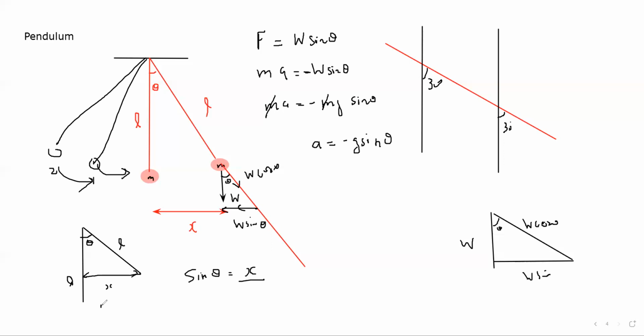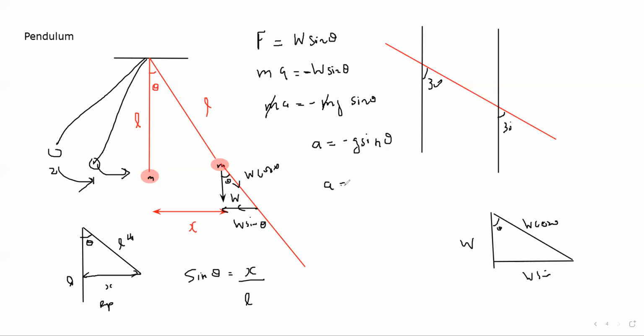For this triangle, X is the perpendicular, and L is the hypotenuse. So I can say sin theta is equal to X divided by L. So in place of sin theta, I can write X divided by L.